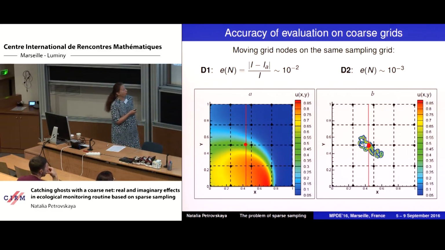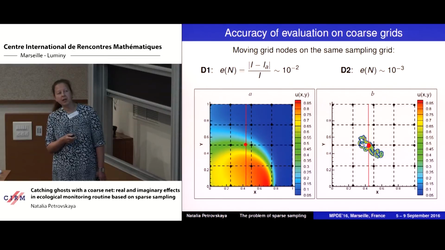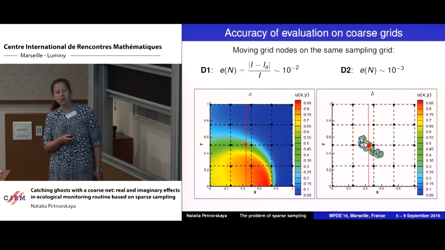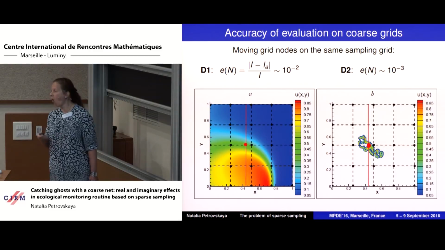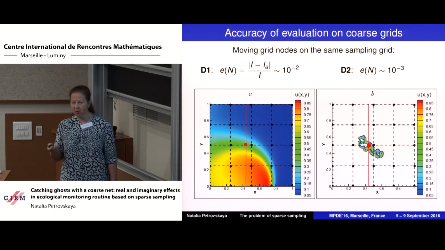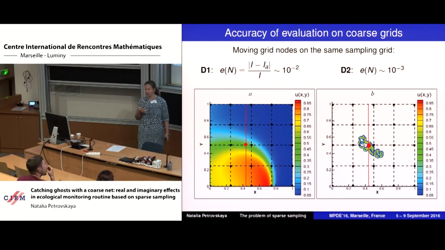Therefore, what happens if we move this entire spot of the non-zero density just slightly, if we move it to the right, or in other words, which is equivalent, if we move the whole grid slightly to the left.